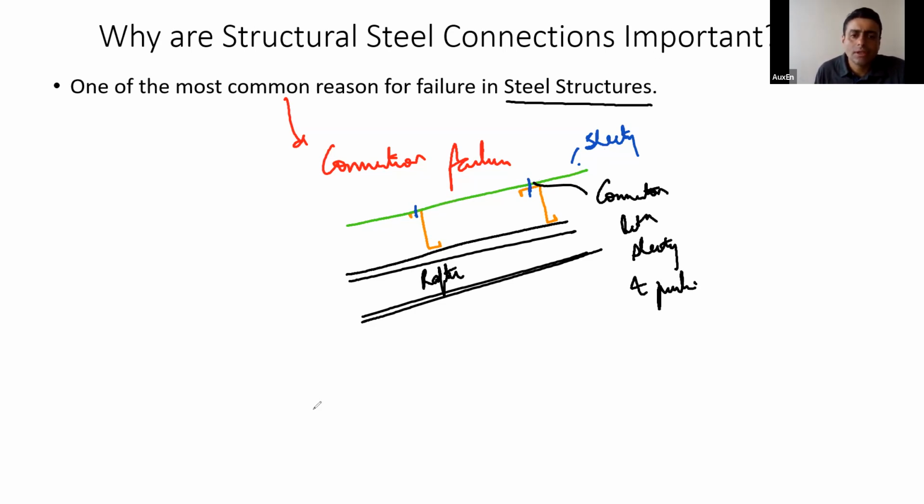Otherwise, the entire structure was standing strong enough, but because this connection had failed, your entire sheeting was damaged, and large parts of it fell at a very great distance away from the airport. Anyway, so it was a connection level failure.